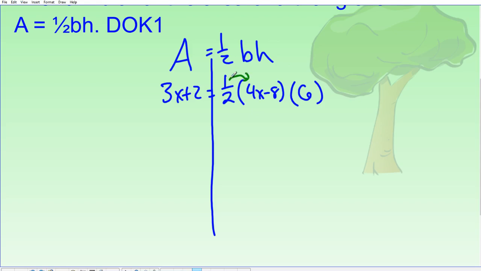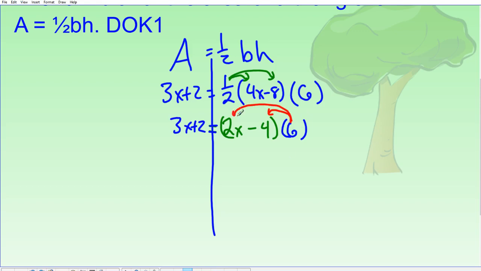I'm going to distribute. So 1/2 times 4x is 2x. 1/2 times negative 8 is negative 4. And the rest of the problem just comes along for the ride. Now, I'm going to distribute this way.